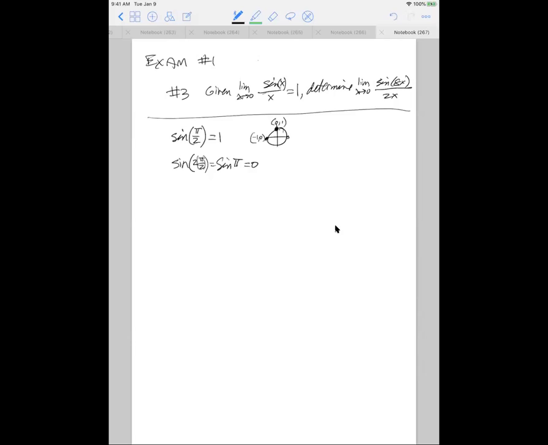A problem that was given in the text was, what if the limit as x goes to 0 of, I'm going to use x instead of theta, the book used theta, of sine of 3x over x, all right?